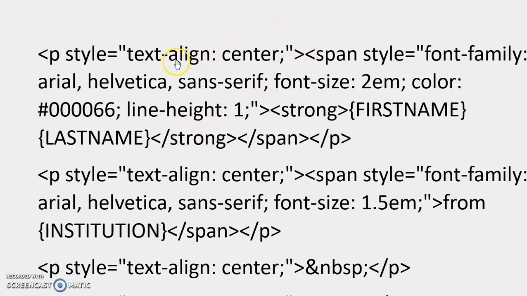So you just have to know that you can change the alignment of text along with the font family, then you can choose the font size, then you can write down the colors. These color codes you will get from the internet.